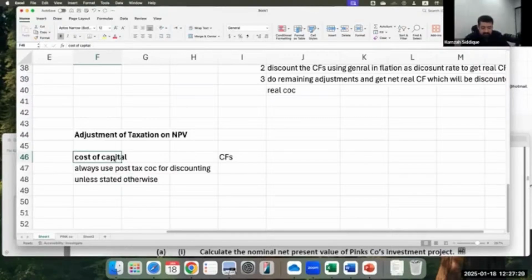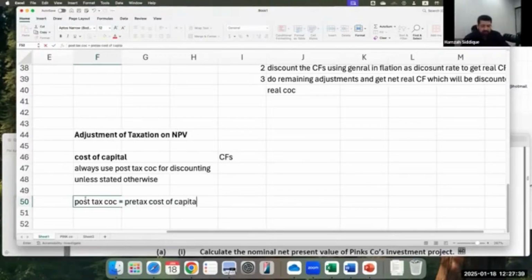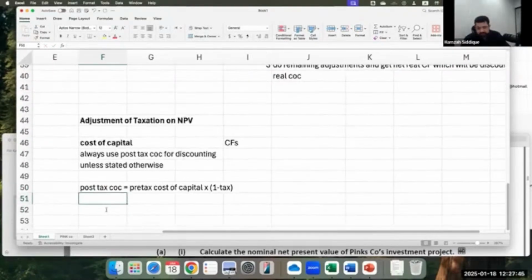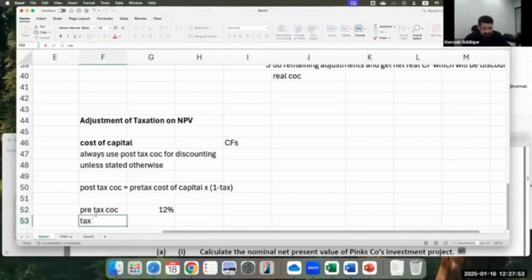Unless stated otherwise. Now, what does it mean? So, post-tax cost of capital is equal to pre-tax cost of capital into 1 minus tax rate. For example, pre-tax cost of capital is given without adjustment of tax, that is 12%. Tax rate is 40%.